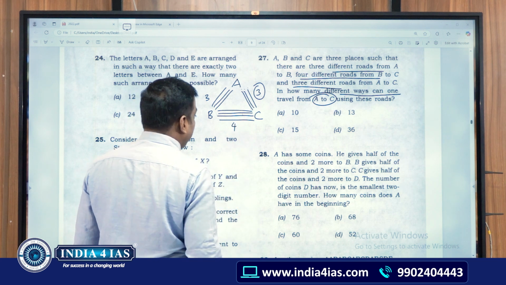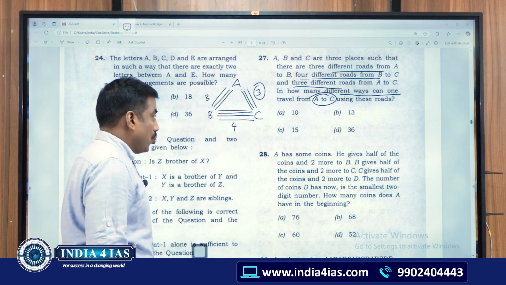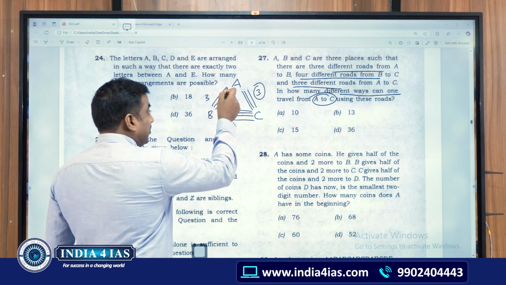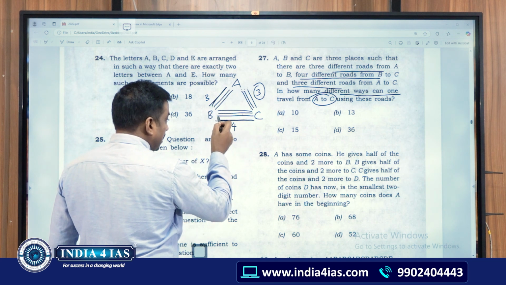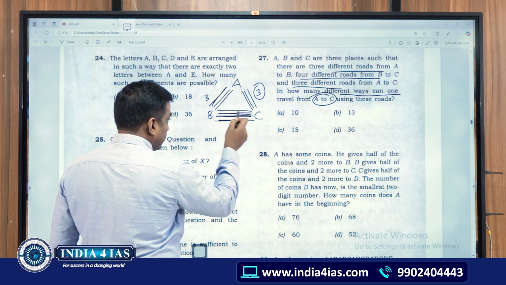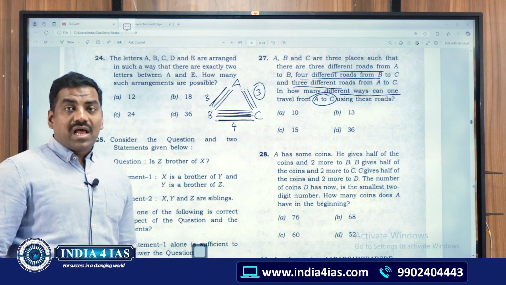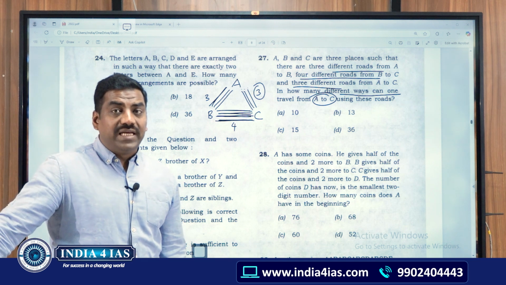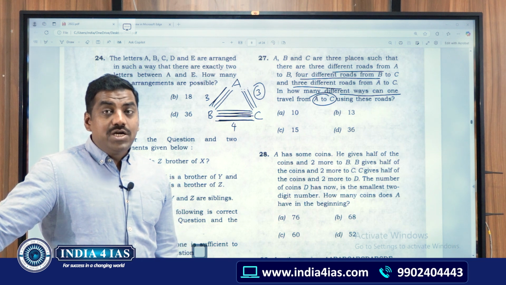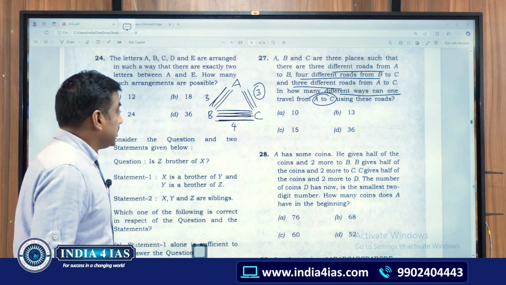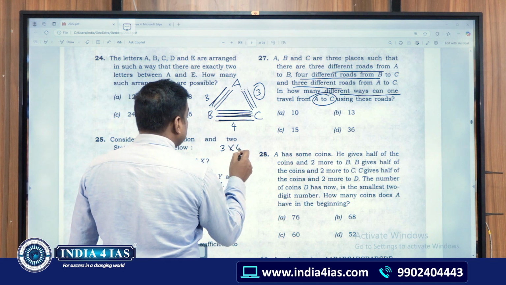4. But here people make this mistake. They will add 3 plus 4. No. If this person takes this route, he can take this route also, this route also, this route also. For every route from A to B, there are 4 possible ways from B to C. So, 3 possible ways from A to B into 4 possible ways from B to C. So, 3 into 4 is equal to 12.